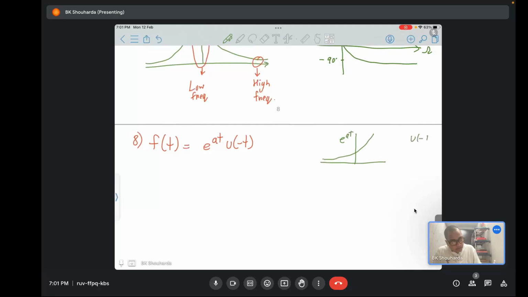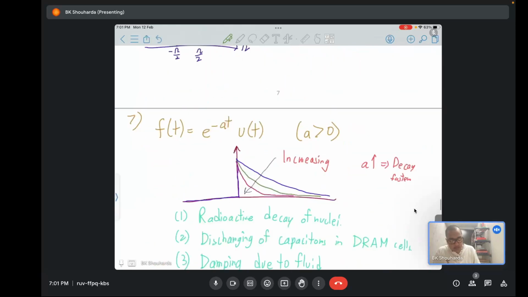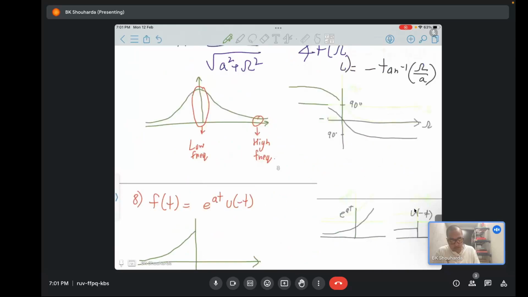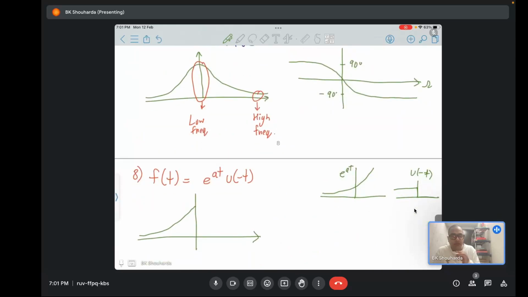U of minus t is 1 when t is less than 0 and 0 otherwise. You multiply the two and you get this. This is simply the mirror image of the original signal that you are seeing over here. Okay, so this does not occur in real life, but we are doing this for some mathematical purpose, which I will show you soon, and also for your practice.